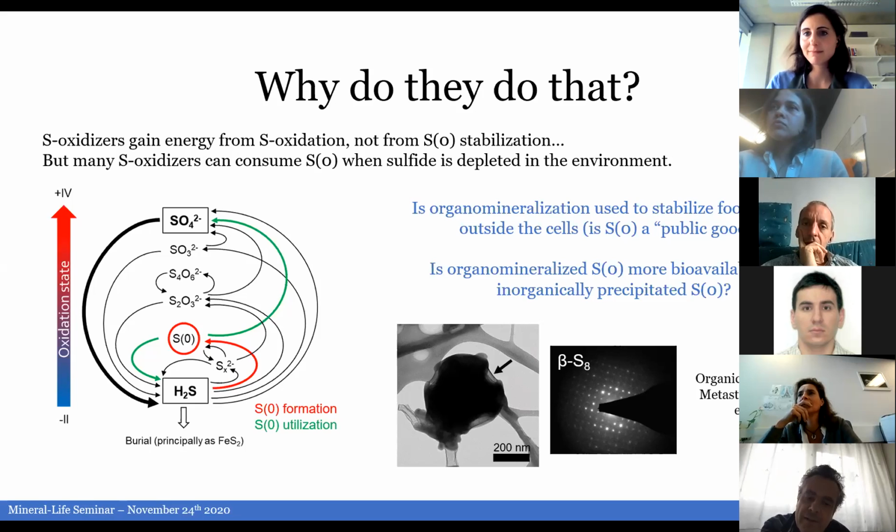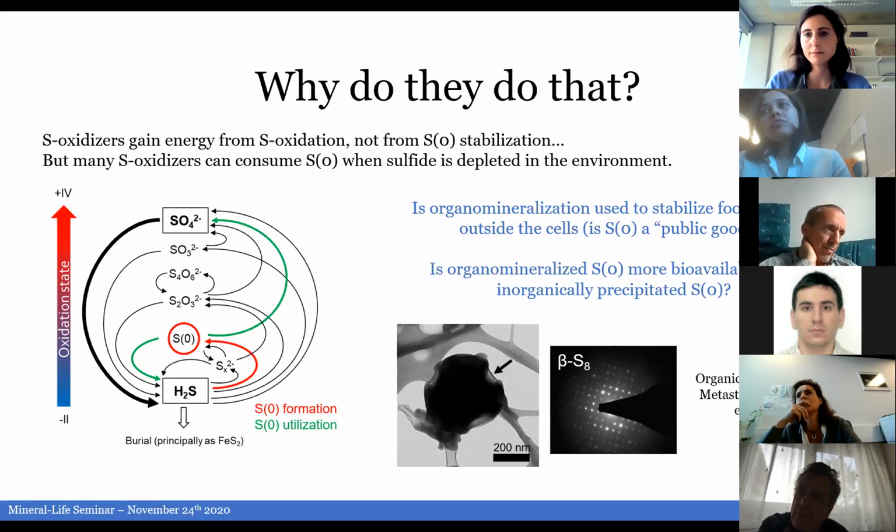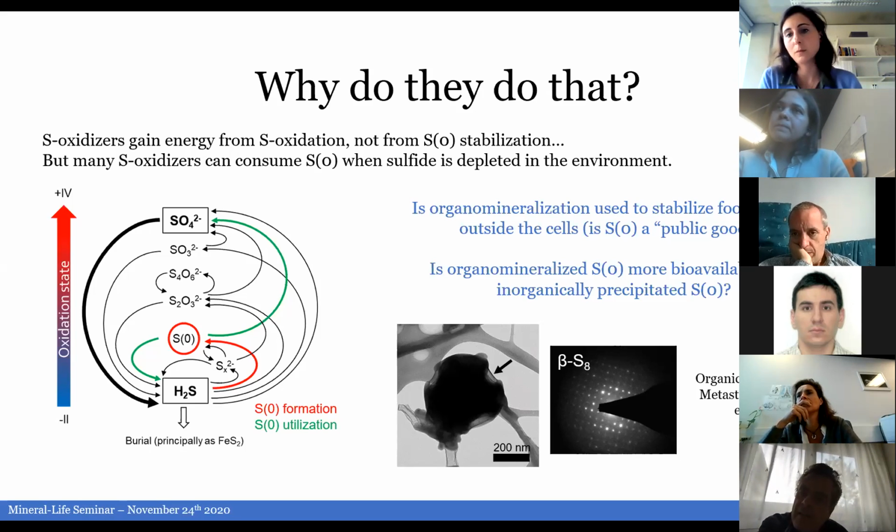So that's very interesting. My question was, is there a systematic bias or not? When you have intracellular sulfur, is it more alpha, S8? And when you have extracellular sulfur, is it more metastable? Or is there some kind of bias like that?